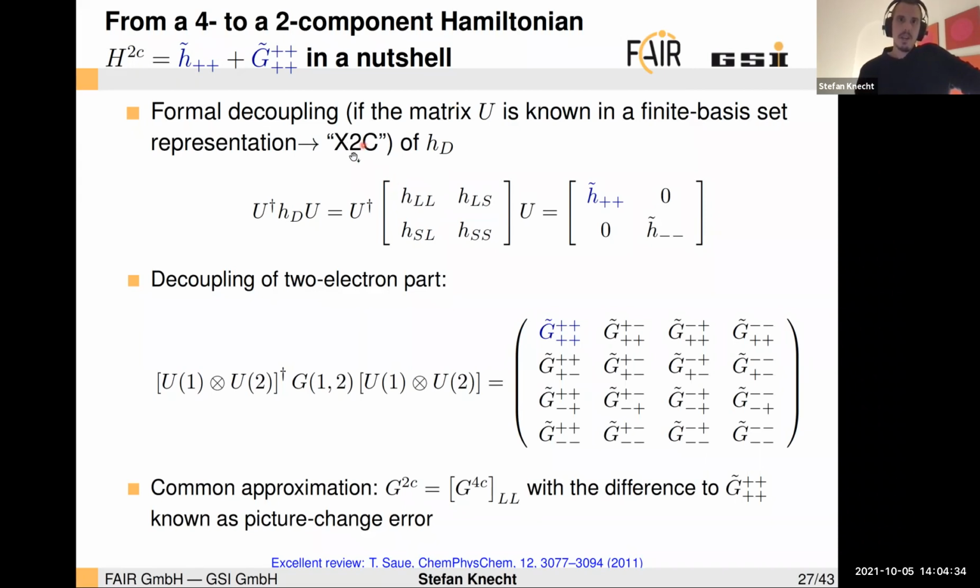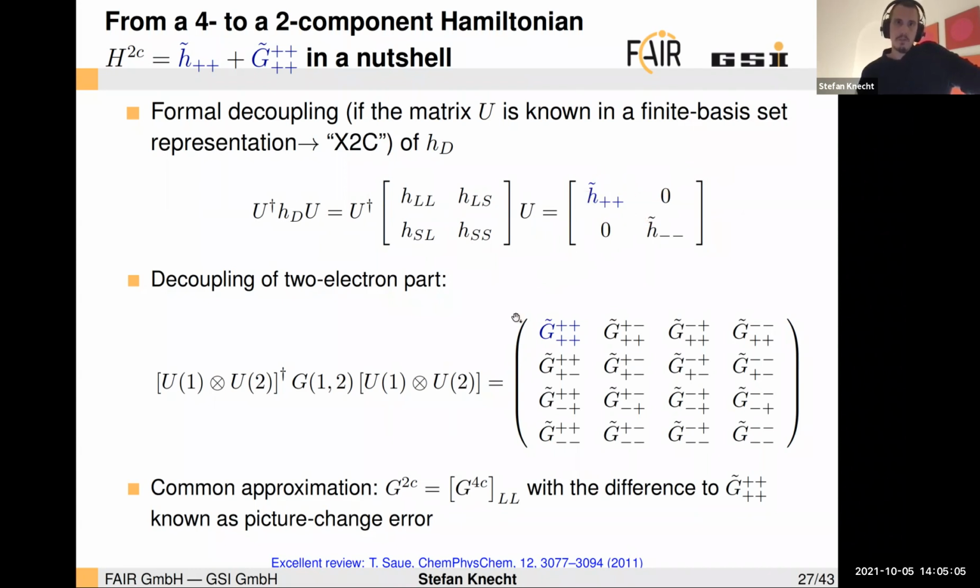The dominant one these days is the so-called exact 2-component Hamiltonian, where this unitary transformation matrix can be computed exactly in a given finite one-particle basis set. That allows you to exactly decouple your one-electron Dirac Hamiltonian so that you get a diagonal representation here. Then for quantum chemistry, you just keep that one here.